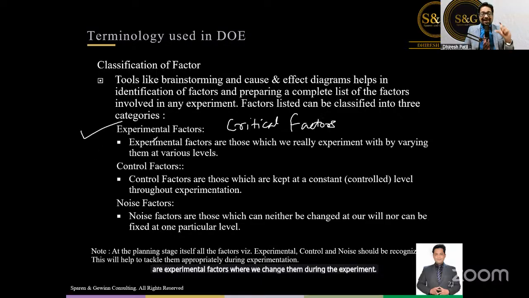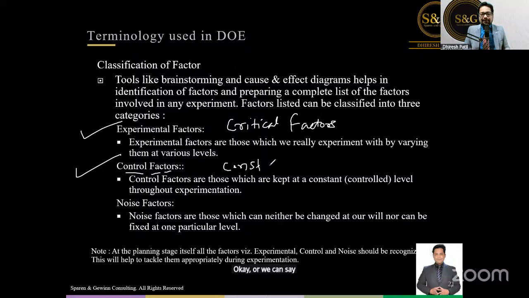The factors on which we do the experiment are called experimental factors. These are critical factors. Then control factors. The remaining factors which we keep at a constant level are called control factors. They are generally non-critical factors, or we can say constant factors.